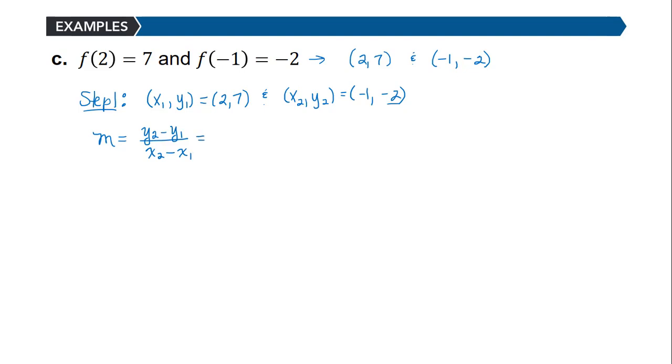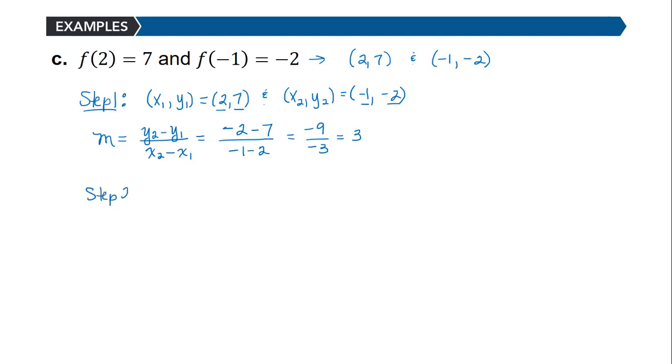Substituting gives us -2 minus 7 divided by -1 minus 2. This is -9 divided by -3, or just simply 3. So now I know the slope and 2 points.